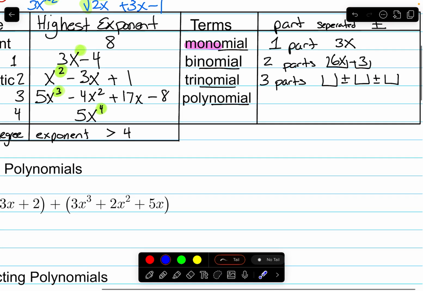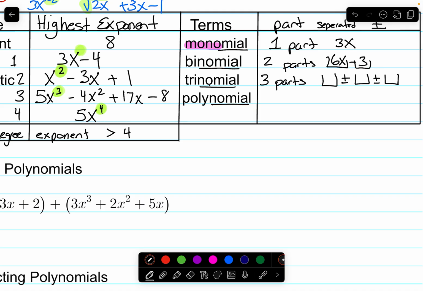Last but not least is polynomial. Now, when I was younger, we used to have these toys called Polly Pocket, and they came with a lot of different little pieces of toys, right? Poly means many, like in polygon, right? If you've ever seen a polygon, we have all these different shapes. You can have a square, a rectangle, an octagon, a dodecagon, right? Those are all called polygons because they have many different sides.